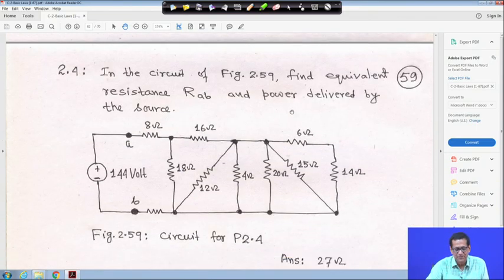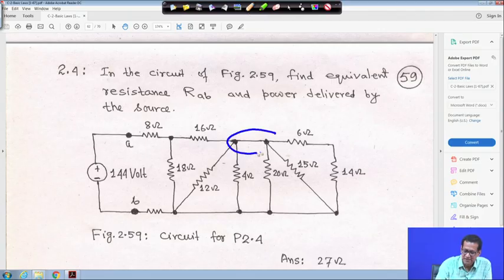Then problem 4, in the circuit you have to find out equivalent resistance RAB. So, this is your A and this is your B. From here you have to find out RAB, right, equivalent. The only thing is that this node and this node is a common node. When you solve this one, this is a wire connected, this is actually a common node, right.